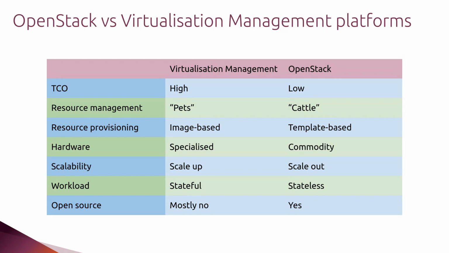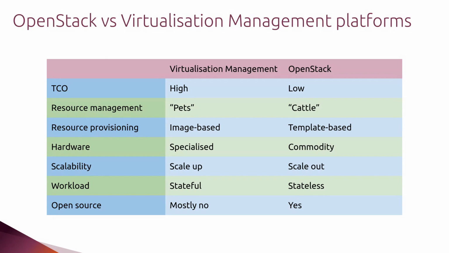The hardware being used in traditional virtualization management platforms is usually specialized. There are a lot of blades and disk arrays running over there in production, while in OpenStack, it's usually commodity hardware. At least it's designed to run on top of commodity hardware. Traditional platforms scale up. So if you lack resources, you have to add more RAM, you have to add more disks, while in OpenStack, you have to add more nodes, right?